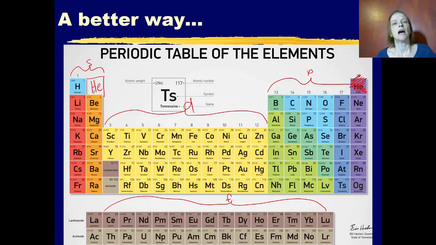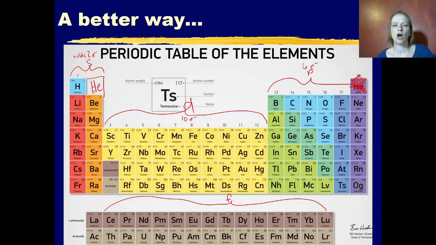You need to notice that the S block is 2 elements wide because it can contain 2 electrons. The P block is 6 elements wide. It can hold 6 electrons. The D block is 10 elements wide. It can hold 10 electrons.